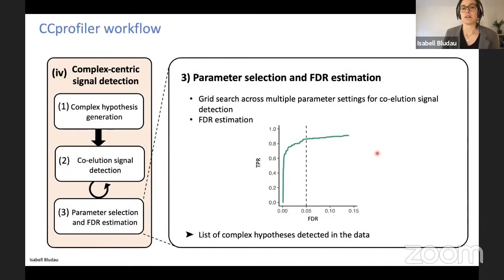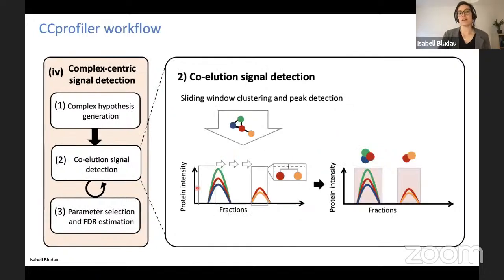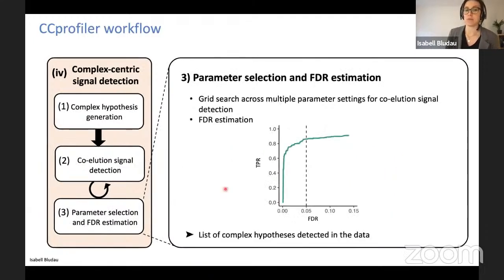Finally, we can do a grid search across a set of parameters, meaning, for example, the width of the sliding window that is used, or the minimum correlation that our proteins need to have in order to call something a peak group. And then we can perform an FDR estimation based on our targets and decoys in the database. With this, we then get a list of complexes detected in our data.